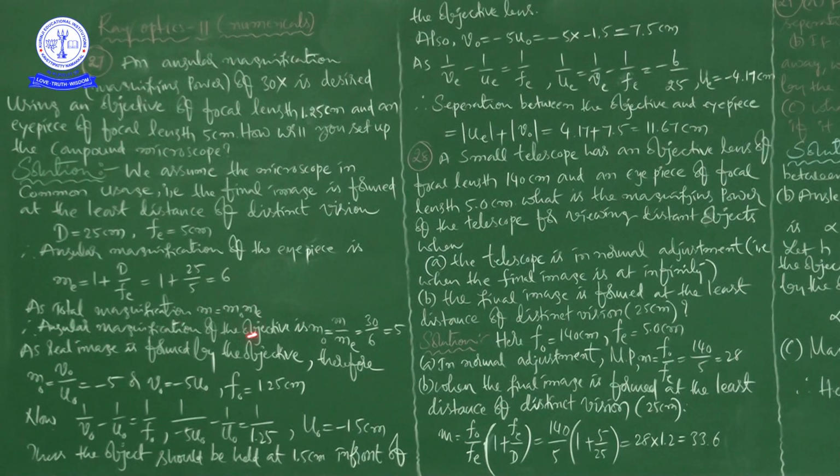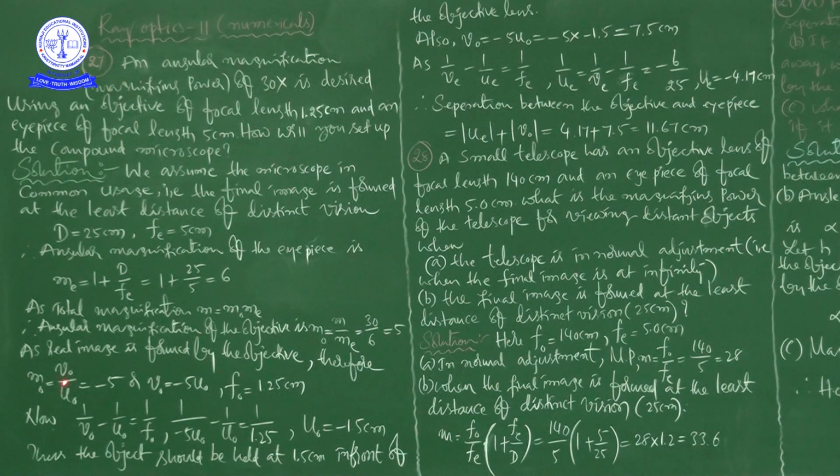So the angular magnification of the objective is m naught is equal to m by ME. Here m is already given, 30, and ME is 6. So 30 by 6 is equal to 5. That is the angular magnification of the objective.